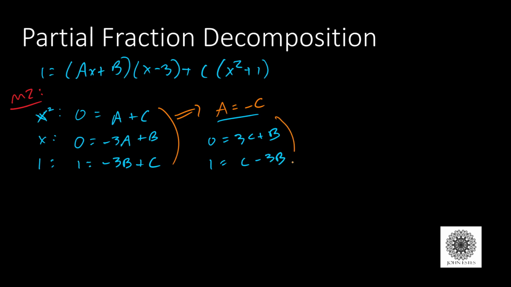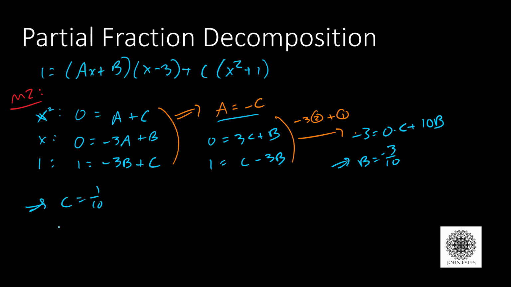Now solving these with systems of linear equations, I'm going to say negative 3 times the second row plus the first, and I'll end up with negative 3 equals 0 times c plus 10b. And that'll allow me to establish that b is negative 3/10. In a similar way, I get c is 1/10, and so a is negative 1/10.